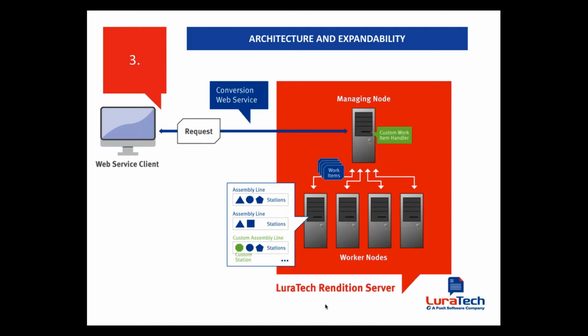It might be a command line tool. You can call it through the custom station API, connected to our assembly lines, and run a simple command line tool automatically in a highly managed, highly scalable, very reliable server-side infrastructure, including everything like documentation of the conversions.